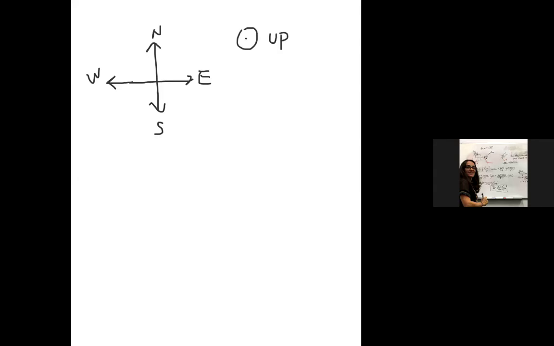Think of it as the tip of the arrow coming out. And this is down. Think of the back of the arrow. Those are just the standard symbols for how we draw vectors that come out and vectors that go in. So up or out of the page. And this is down or into the page.